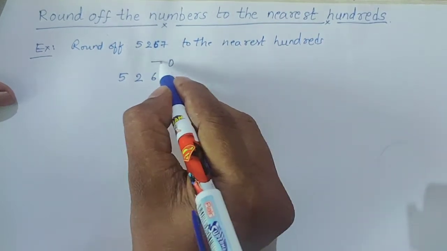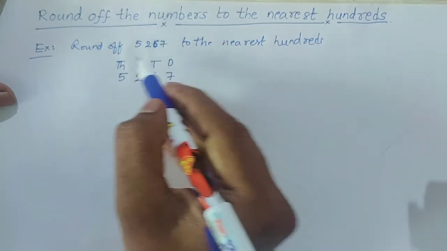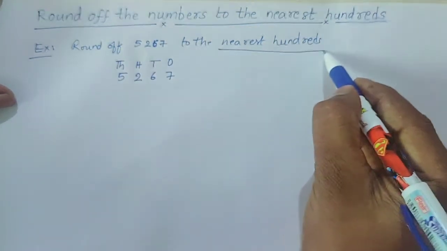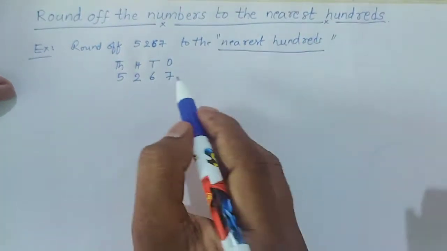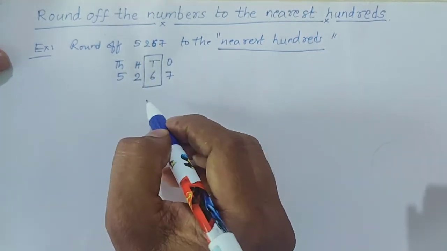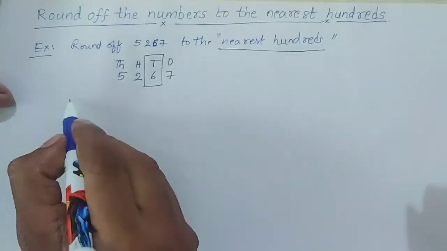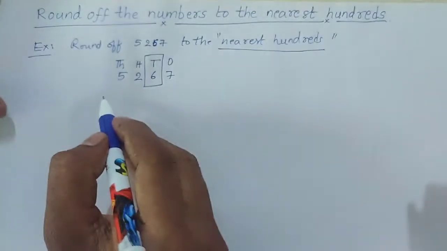So ones, tens, hundreds and thousands, but here they are asking for nearest hundreds. So when asking for nearest hundreds, you have to check the number in the tens place. So here the number in tens place is 6.